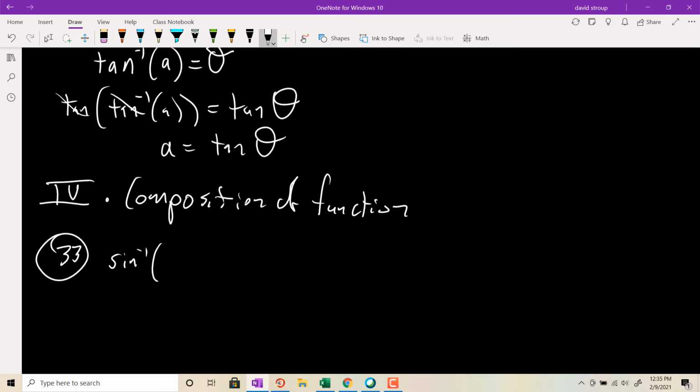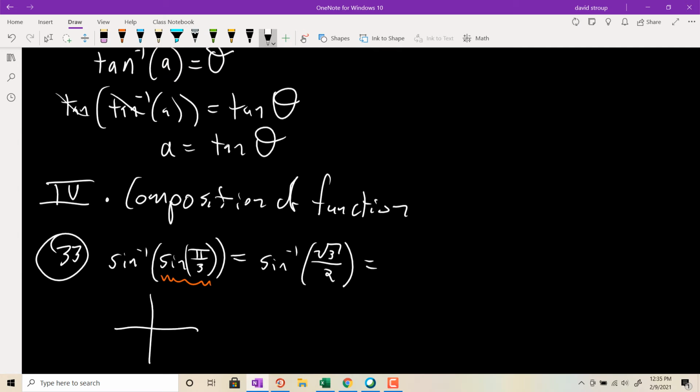First, they're asking for sine inverse of sine of pi over 3. Again, I suggest you do 1 step at a time, moving from the inside out. On the inside, the sine of pi over 3, we hopefully have memorized, is root 3 over 2. So I'm looking for the sine inverse of root 3 over 2.